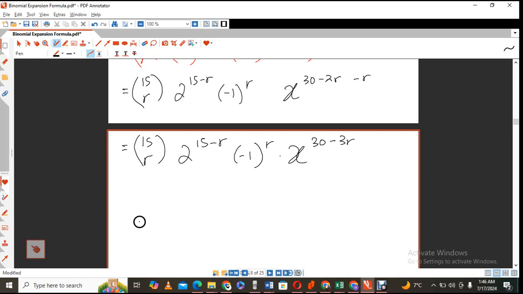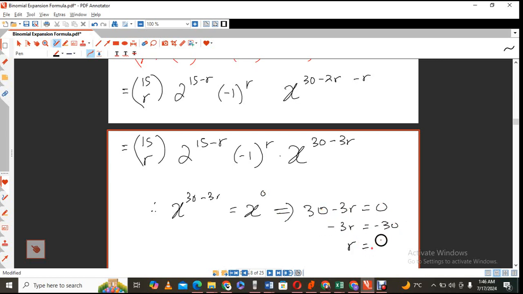So x to the 30 minus 3r is equal to x raised to the power of 0. Drop the bases: 30 minus 3r is equal to 0, so -3r is equal to -30, and r is equal to 30 divided by 3, which gives r equal to 10.